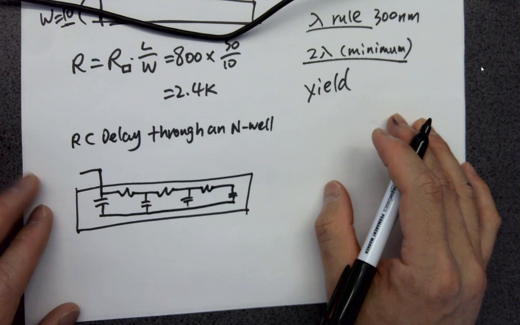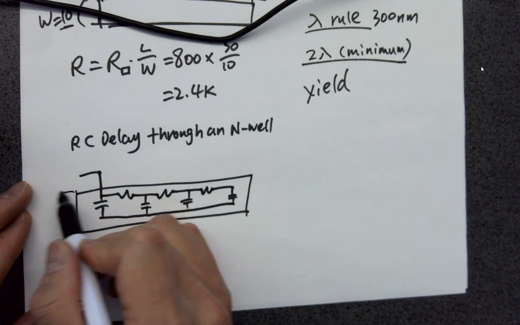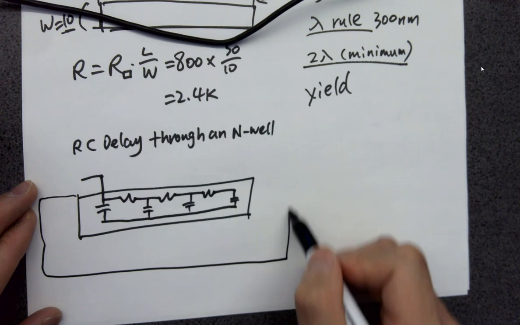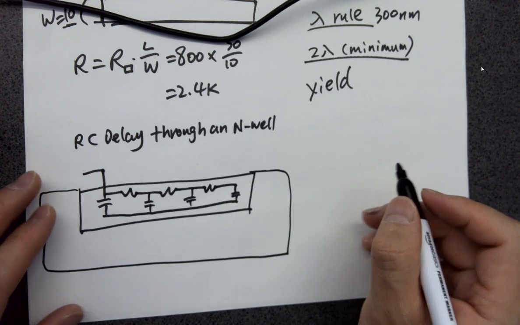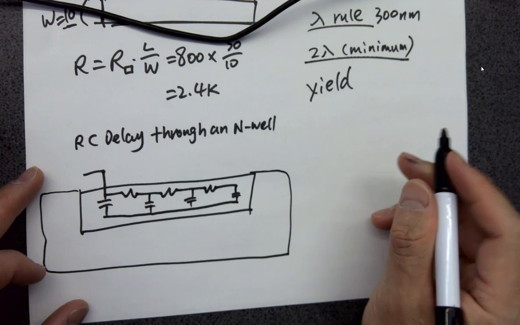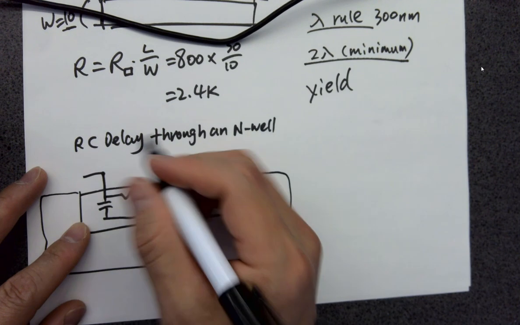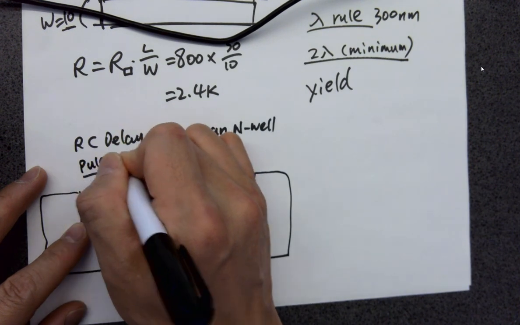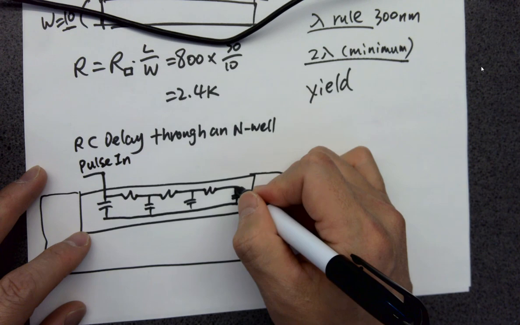It's a piece of N-well. Let's draw a substrate over here so you'll know it's in the substrate. It's an N-type well. It's N-well. Input, output.